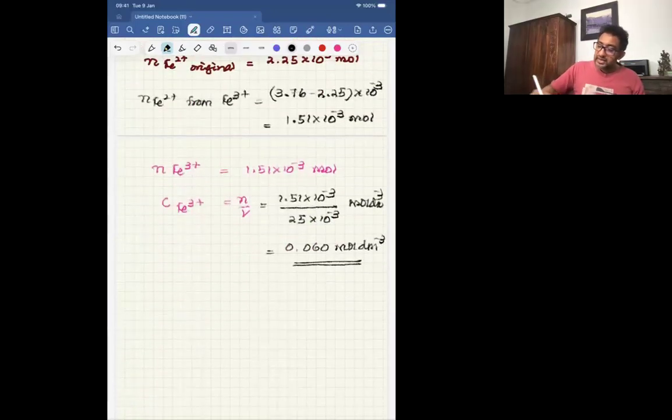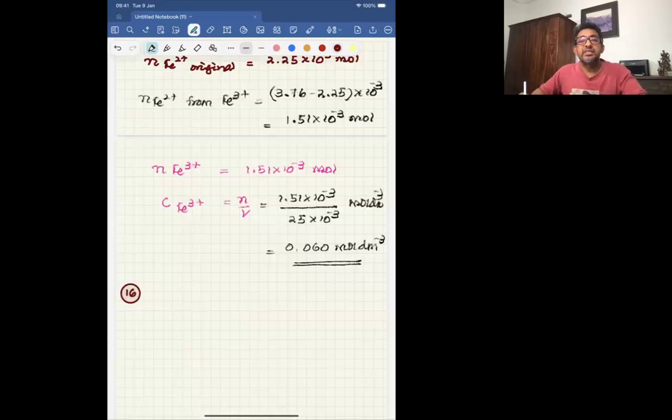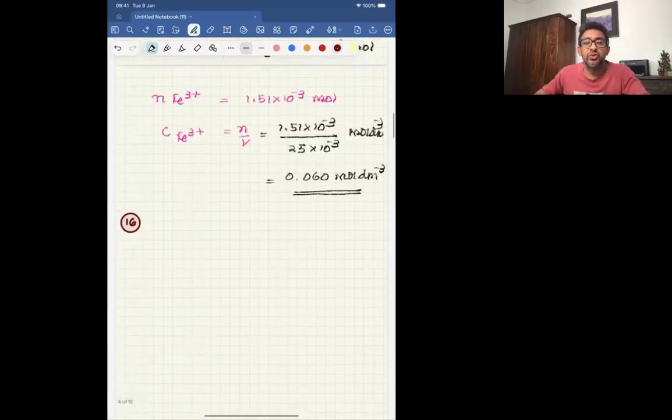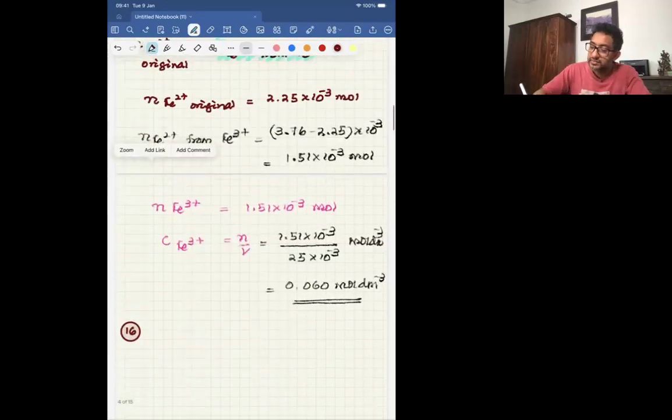Right. Then shall I do question number 16? What do you say? Is it difficult? If it is easy, we don't have to discuss that, but if it is difficult, we will look at it. How is it? Everybody understood this? All of you children? Right.